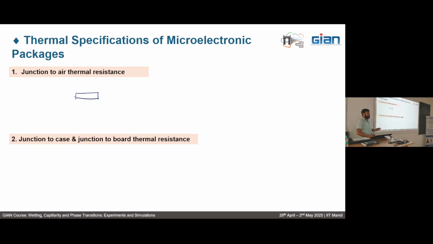And to define junction to air resistance, we can simply write it: resistance junction to air is equal to temperature of junction minus temperature of air divided by heat flow rate, right? So in this case we have to take into consideration the resistances of, first, the mode of heat transfer from junction to the casing and the board, which will be conduction, and then from this casing and the board the mode of heat transport will be convection and radiation.